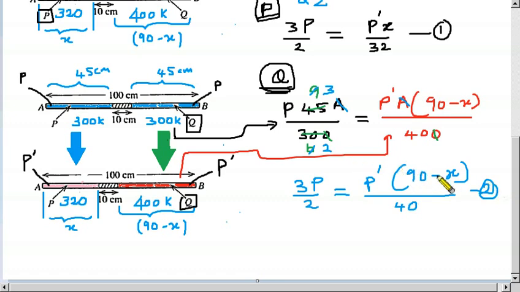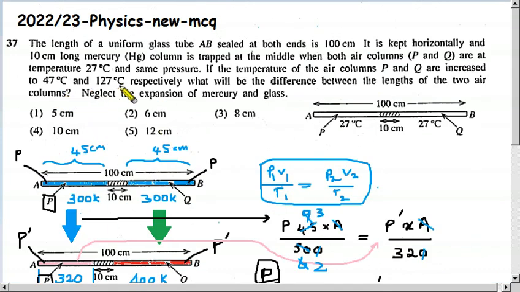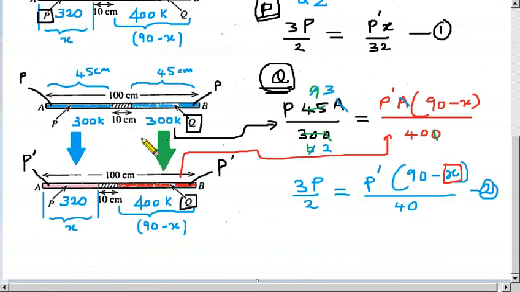What we have to find out is X, because what they ask is the difference between the lengths of the two air columns. So we find X, and then easily we can find the other length and then the difference. To find X, we have to eliminate P dash and also P. The easiest thing is, from equation 1, 3P divided by 2 is there, and also here 3P divided by 2.